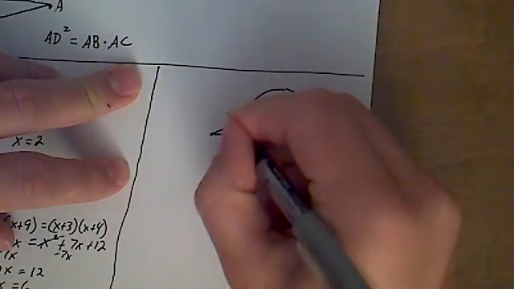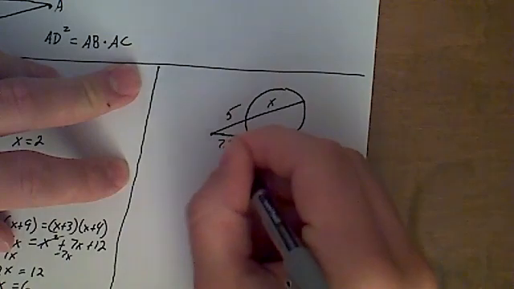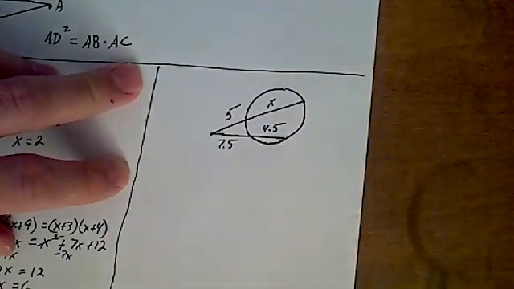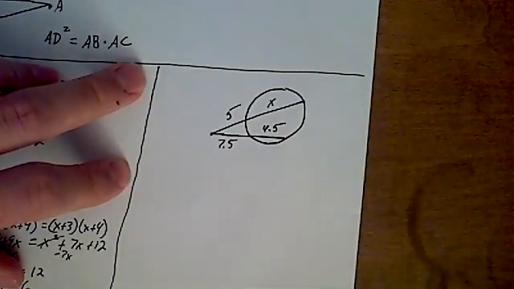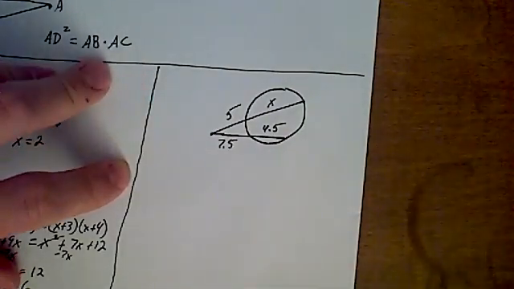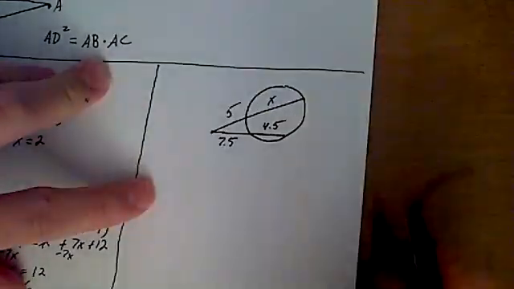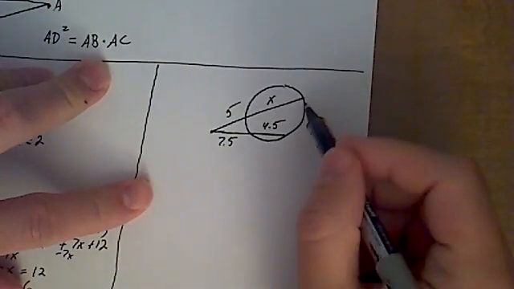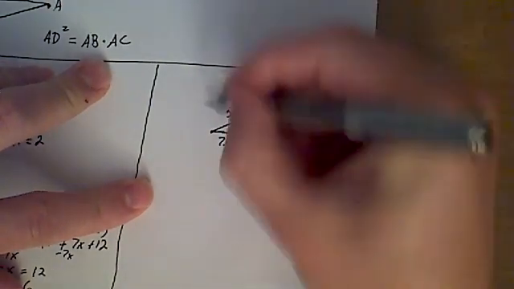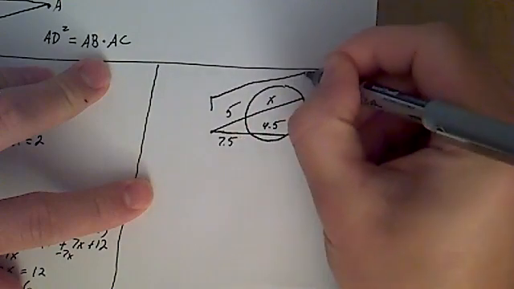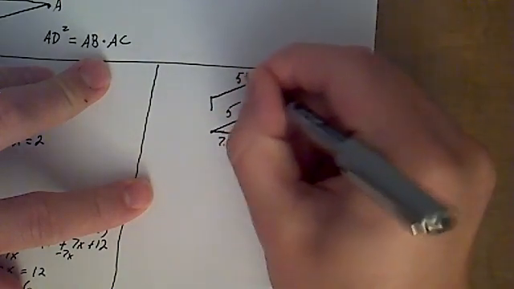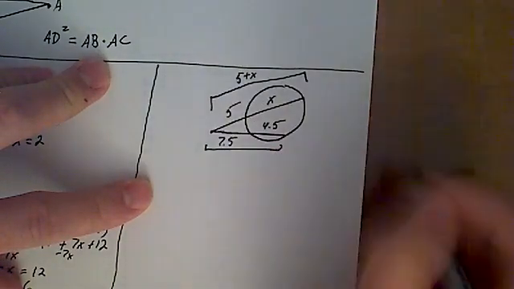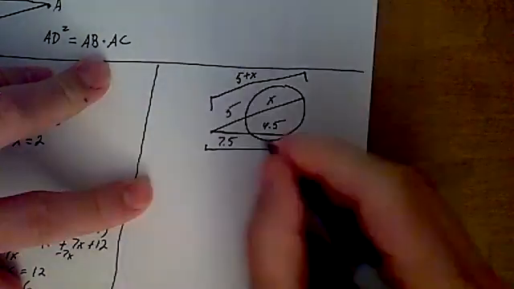If we had two secant segments, kind of like this. Remember that we're taking the outside part and multiplying it by the whole. It's not the outside times the inside. So the segment here is 5 plus X, and the segment here is 12.